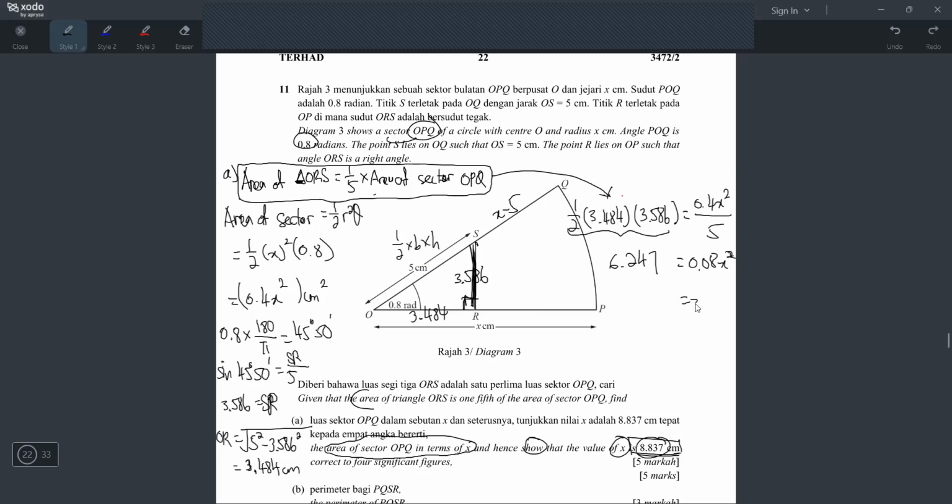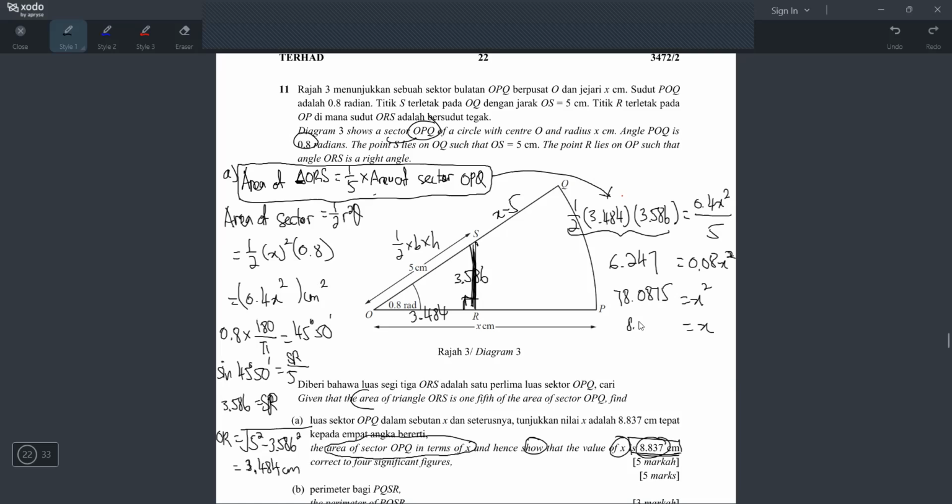And now I want to find x. So I will bring out the 0.08. So 6.247 divide answer, which is 78.0875. So my x will be square root answer, 8.837. Okay, actually it's 8.836, but the next digit is more than 5 already. That's why when I round off, it's 8.837.